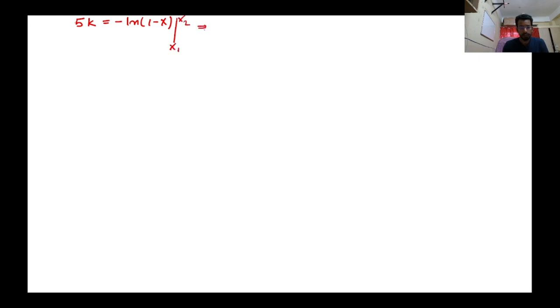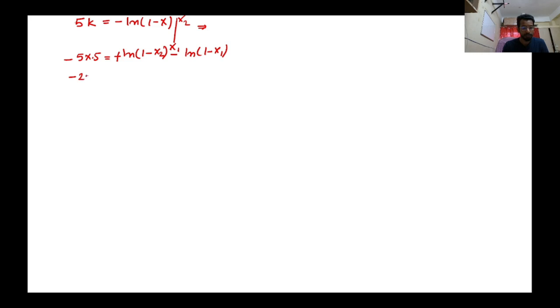Okay, 5 into K is 0.5, minus ln 1 minus X2 minus ln 1 minus X1. X1 we have just calculated when we applied the performance equation on the first reactor.